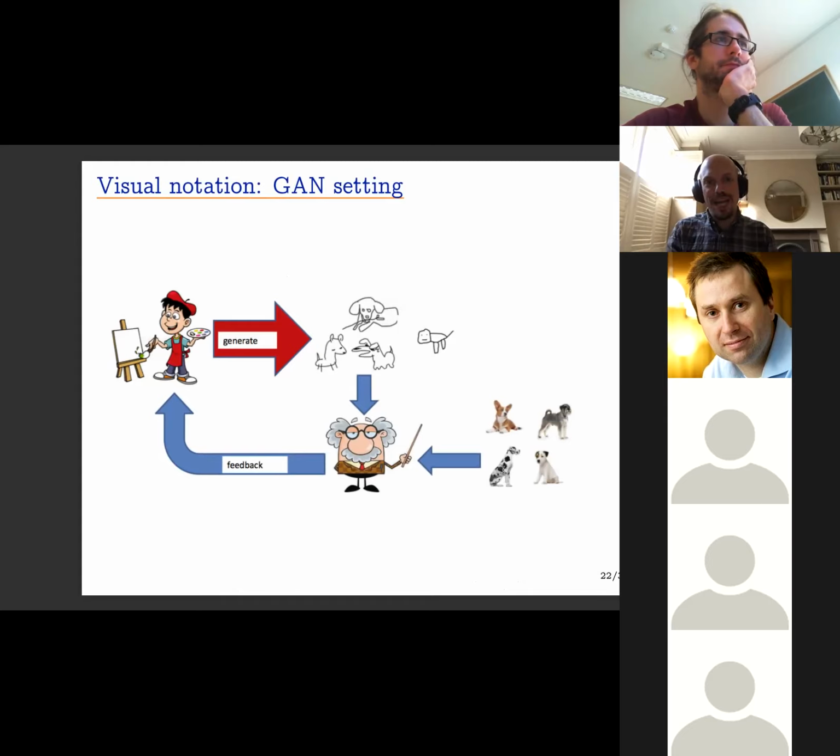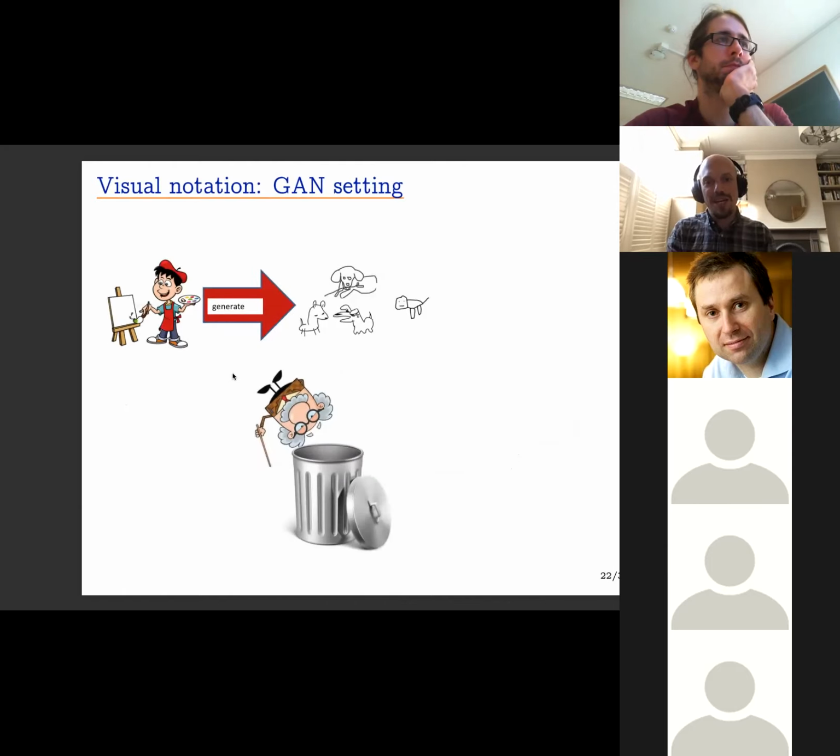Recall that we've got our generator generating samples, and our critic that compares real to fake samples, and once we've trained our GAN, we take our critic and throw it in the bin, and we are left with our generator. But this seems very wasteful, because unless the generator is generating perfect images, the critic still has some information about the difference between the real and fake images. If we're throwing our critic away, we're losing this information, and this seems the wrong thing to do.